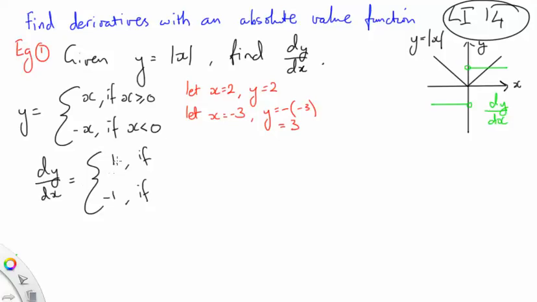So dy dx equals 1 if x is greater than 0, and negative 1 if x is less than 0. Notice how the domain's different. And in fact, what we're going to find is that the domain is greatly different with another example.